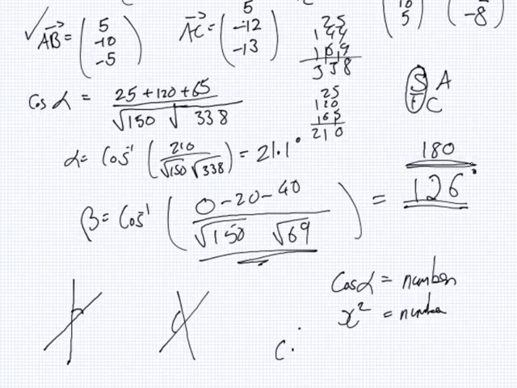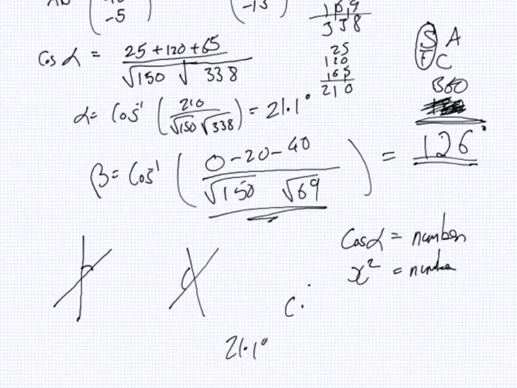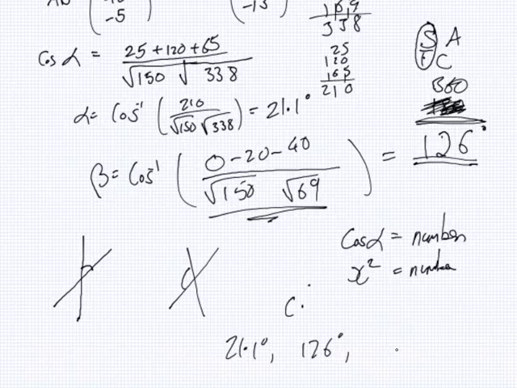Okay. Oh, sorry. Well, anyway, the second answer was 360 minus the first answer. So that would have been too big anyways. Oh yeah, okay, so we'll go with 126. So we have 21.1, 126, and then the last one is... Are you sure?